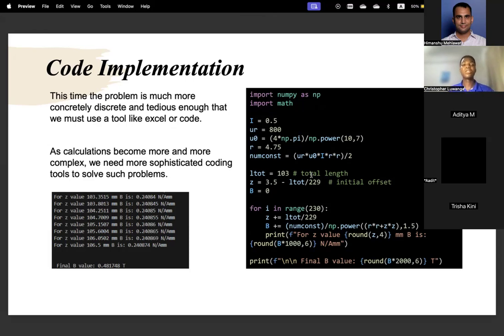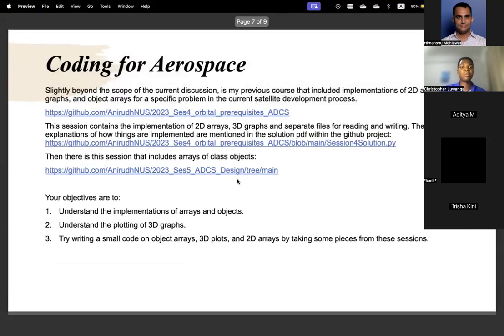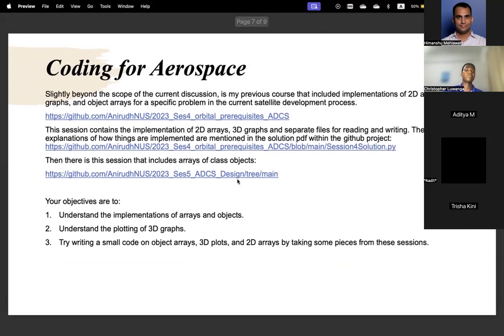We still do use it. It's just that sometimes if you want to share your code with somebody else and they can run it on their computer and link it to other programs, Python is better, because they don't need to import an Excel file and get complicated. So that's why we would like you to look at both the Excel as well as the Python. Again, the code will be provided to you for reference. Okay.